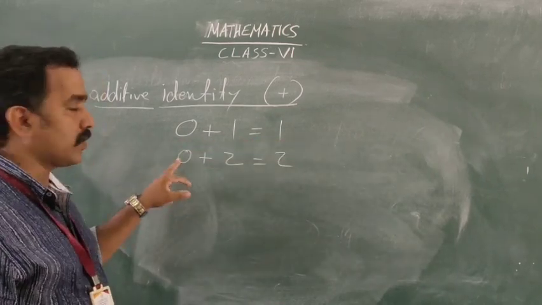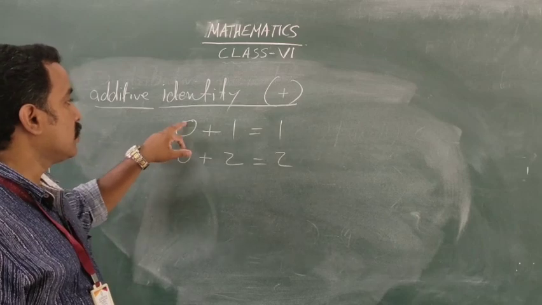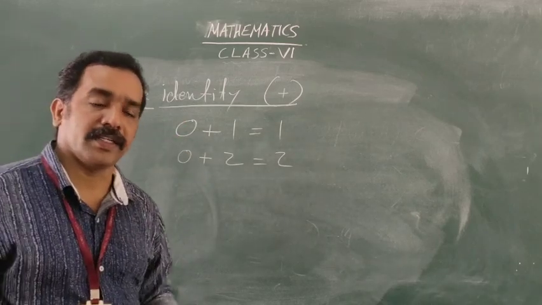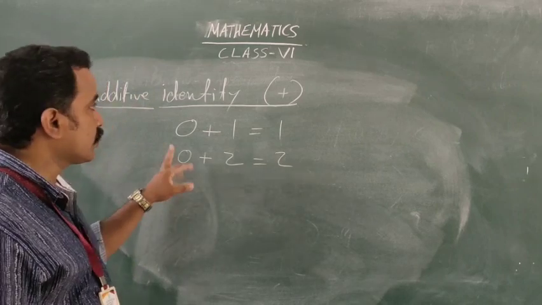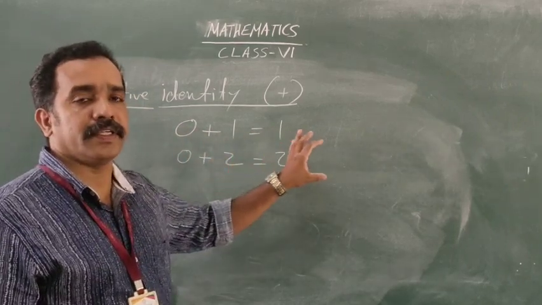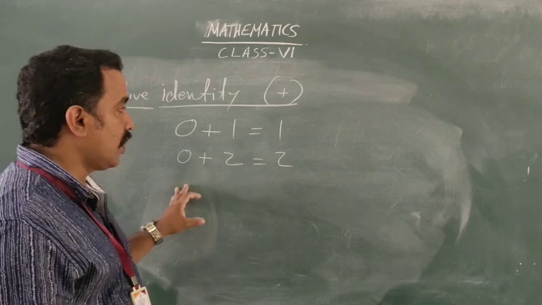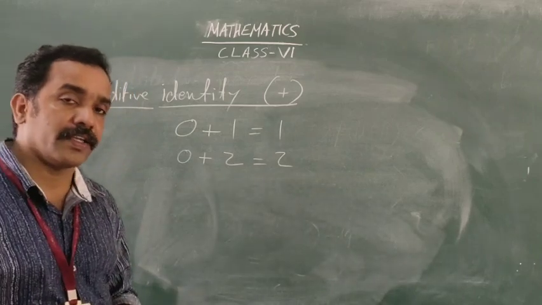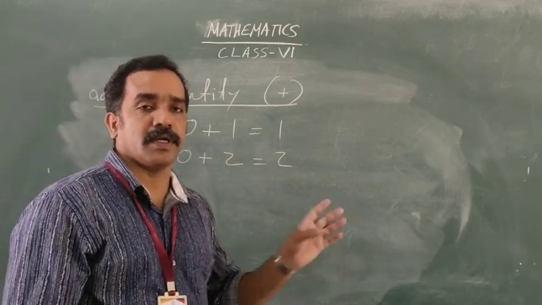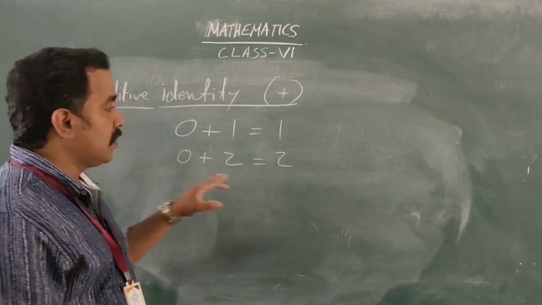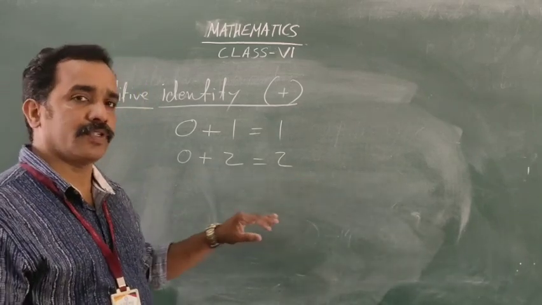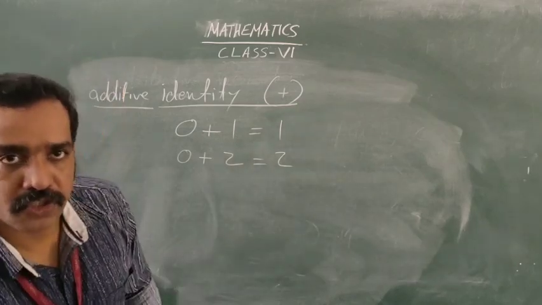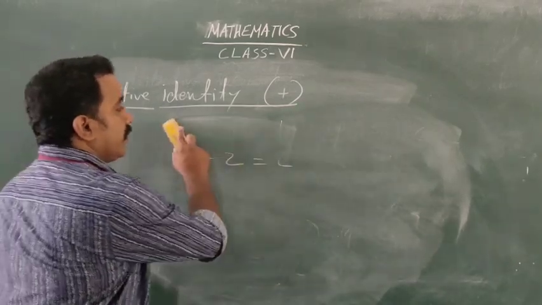So we can call that, in the set of whole numbers, 0 is the additive identity element. Is it clear? So 0 is called the additive identity in the set of whole numbers, because whenever we are adding 0 to any number in the whole numbers, the value of that number will not change. It remains the same. So that is additive identity.